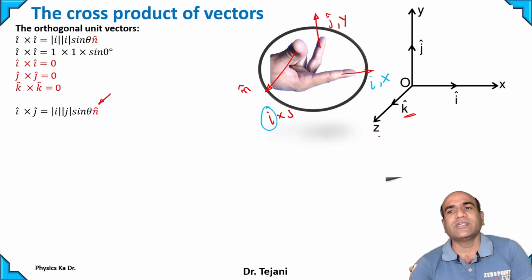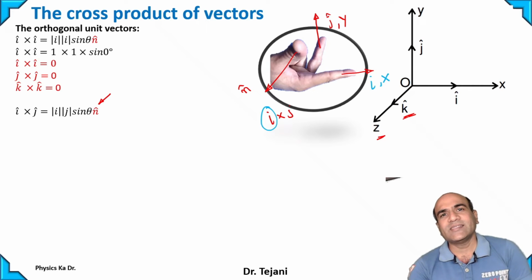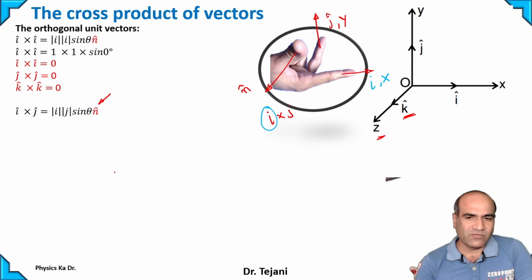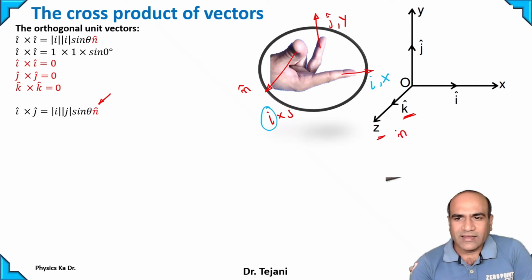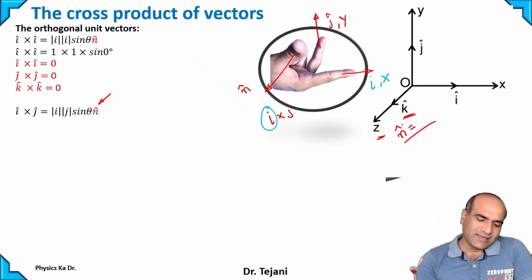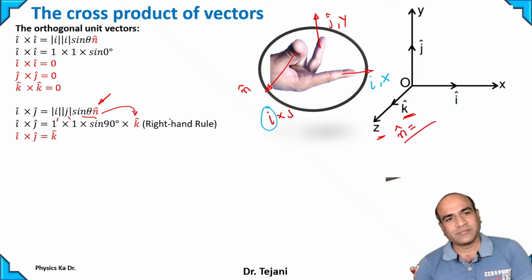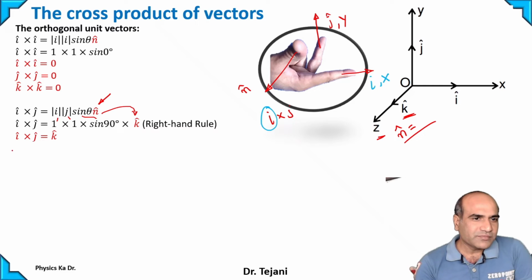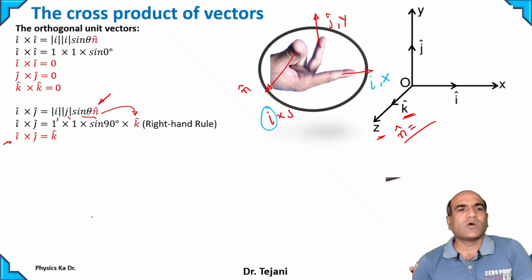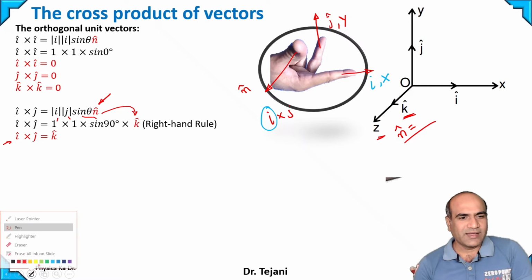It is showing direction z, and z represents the k vector, and therefore n cap becomes the k vector as per the right hand rule. So i is 1, j is 1, sine 90 is 1, and n cap becomes k cap. Therefore, i cross j becomes k cap.